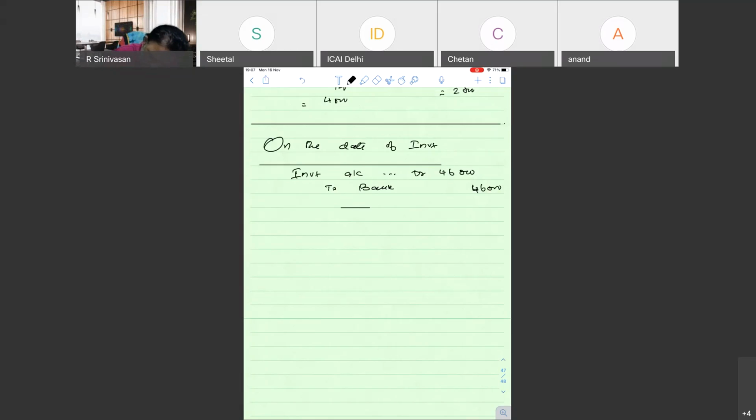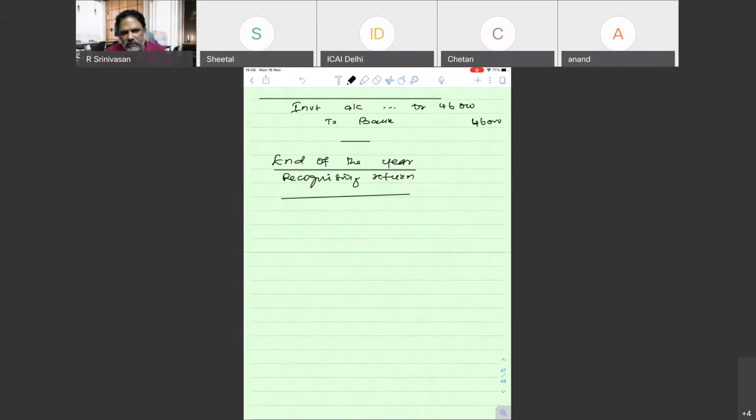So at the end of the year, not on the date of investment, when recognizing the return, what we will be doing in case of Ind AS 28, we have to increase the investment.